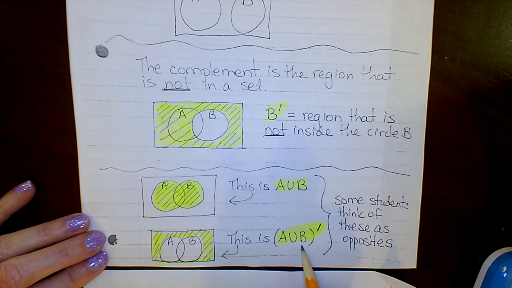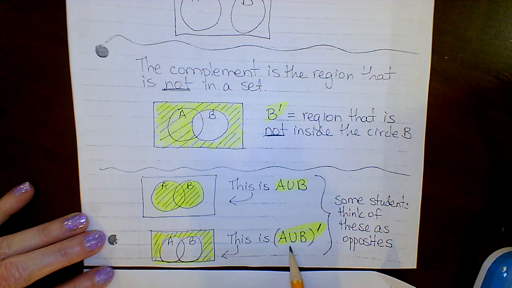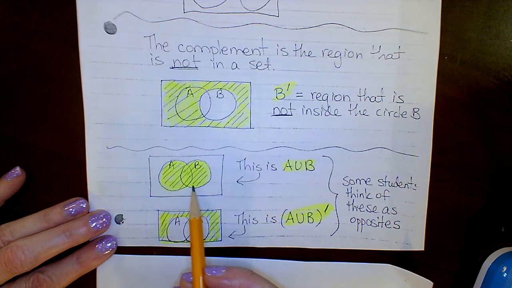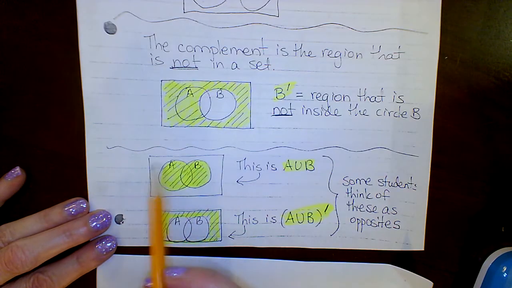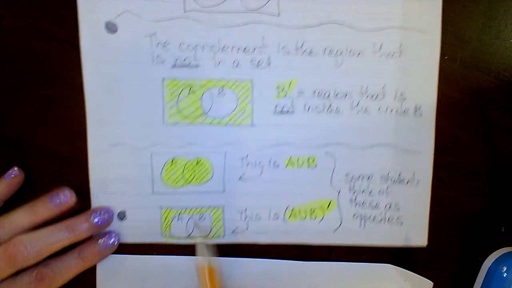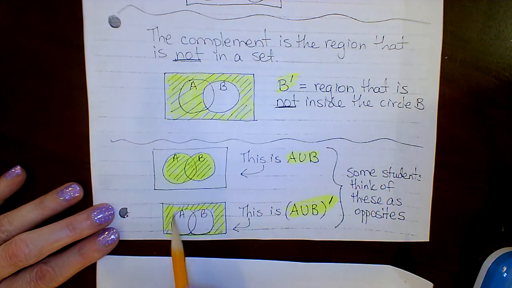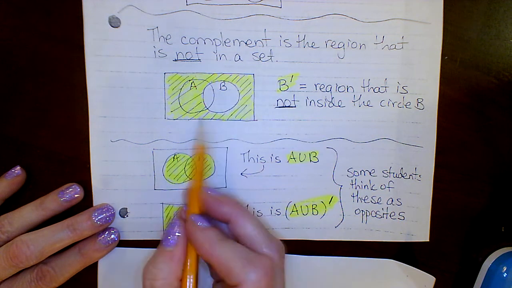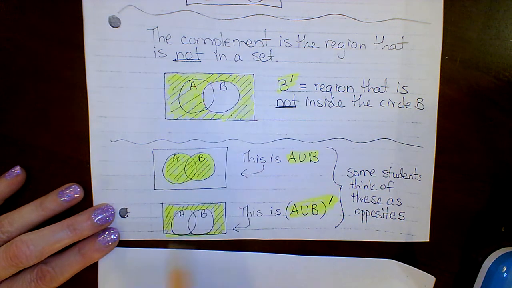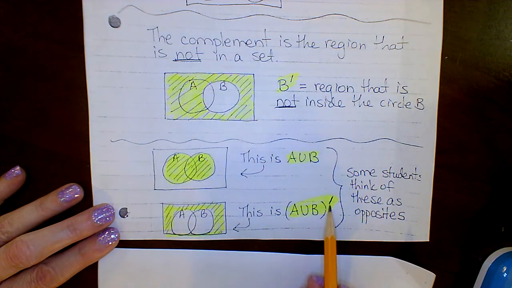Well, that's the stuff that is not in the union. Right? So this is the union. So the stuff not shaded in yellow here is all this exterior stuff. I kind of got cut off down here so you can't really see, but there would be yellow down here as well. That is the complement of the union.